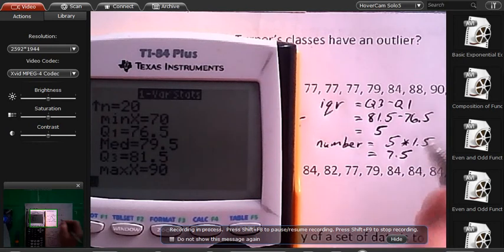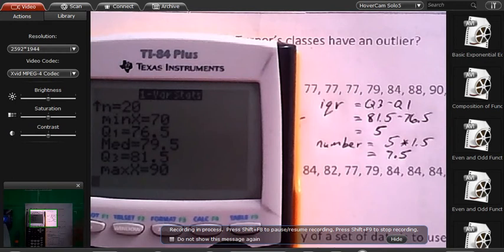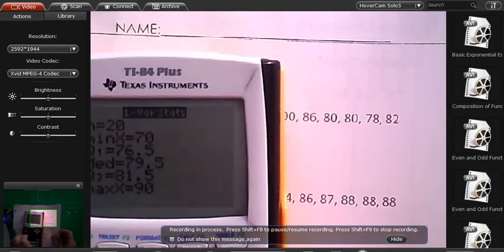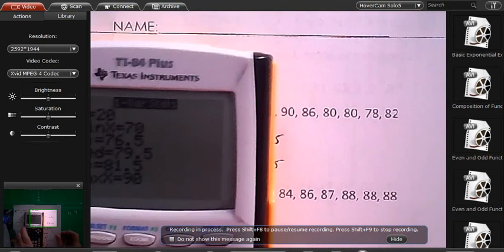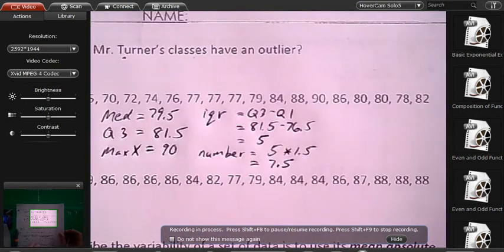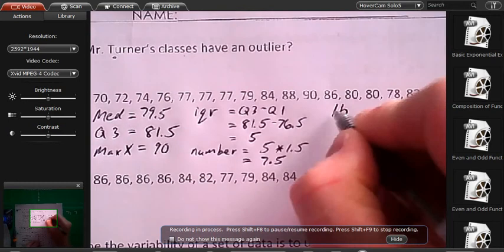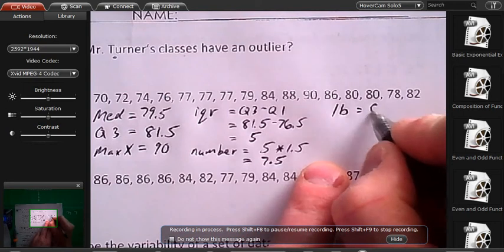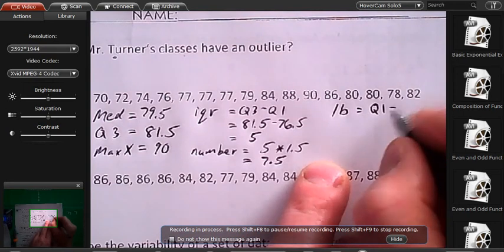Now my 7.5 can be used along with the quartiles to find my boundaries. To find my lower boundary, LB, I'm going to take my Q1 minus the special number.